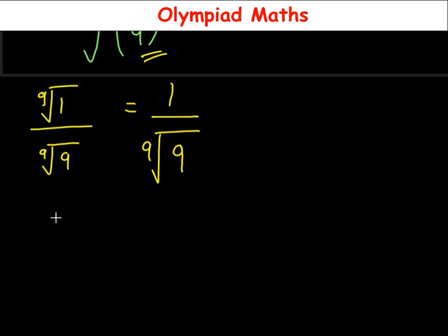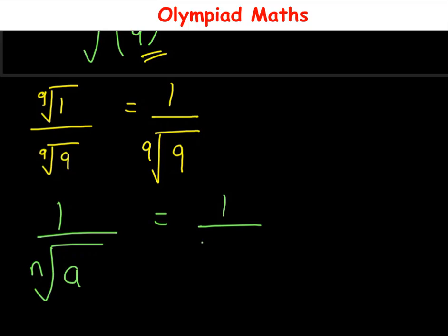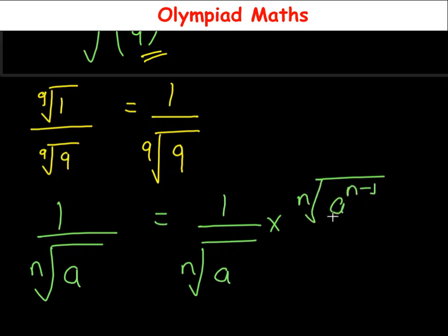Okay, so to simplify this further, there is also a rule that if you have 1 over the nth root of a, this can be written as 1 over the nth root of a, times the nth root of a raised to power n minus 1, all over the nth root of a raised to power n minus 1.